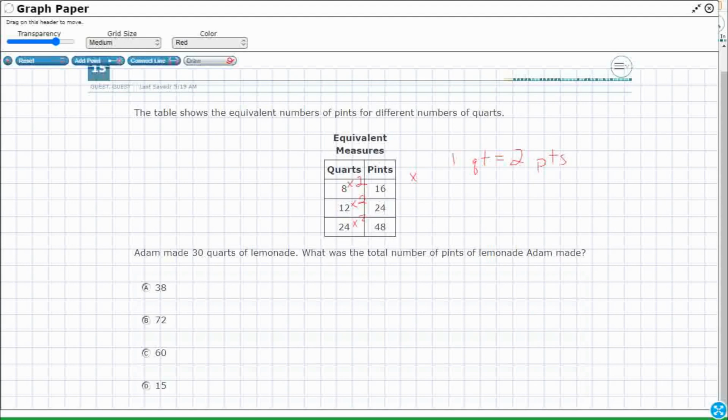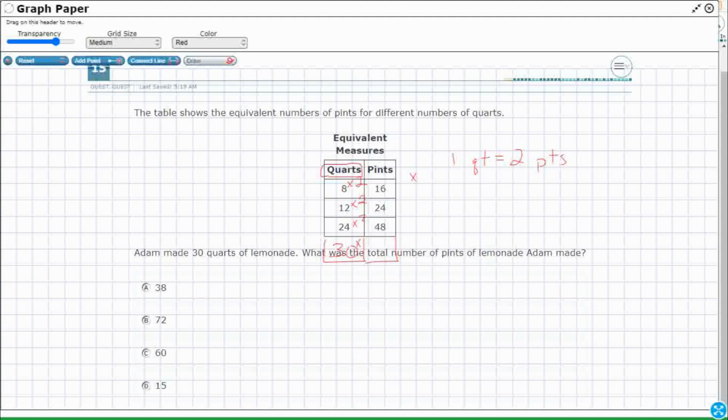Now let's get to the problem. So Adam made 30 quarts of lemonade. All right, so if I were to extend my little table right here, let's just draw all over this problem. 30 quarts, so let's make sure we have it in the correct spot right there. There's your 30. All right, well, look at that. That seems pretty easy, right?